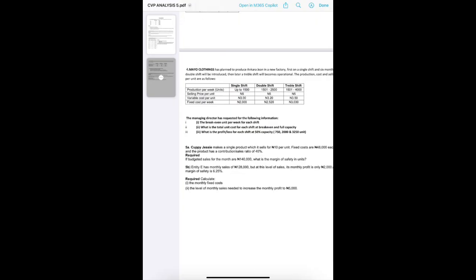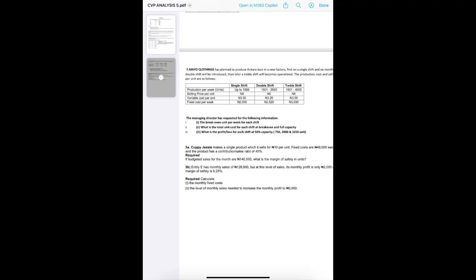So we are given the production quantity per week, the selling prices per unit, variable cost per unit, and fixed cost per week. What it means is that the fixed cost is usually in total, so this financial record is for a week.